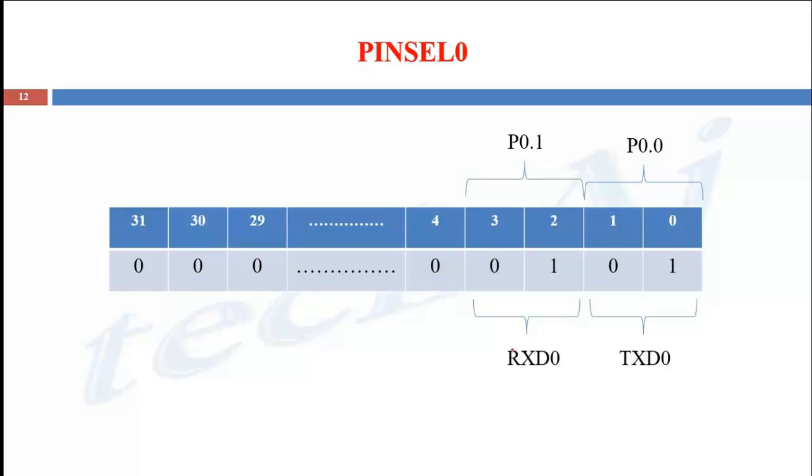So if we have to use UART0, we have to configure the value of PINSEL0 register to 5. By setting the value 5 in the PINSEL0 register, these two port pins are acting as serial transmit and serial receive pins.